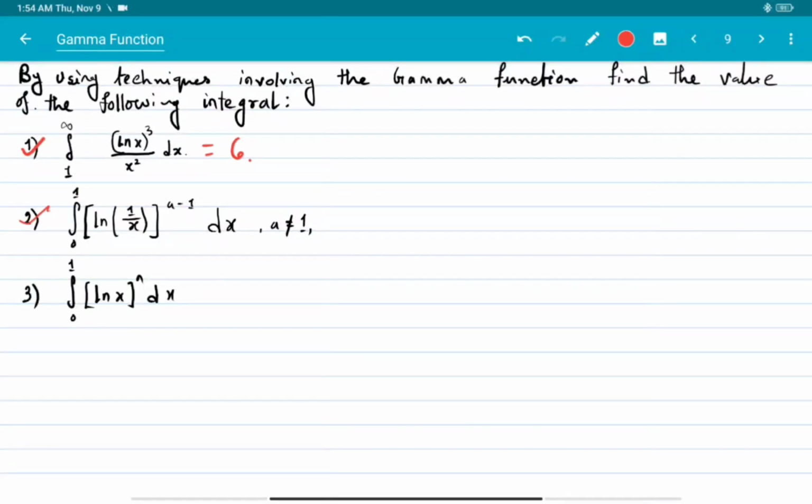So let me do this. u equals natural log of x, right? And du equals dx over x. As we are substituting, you want dx times du, right?